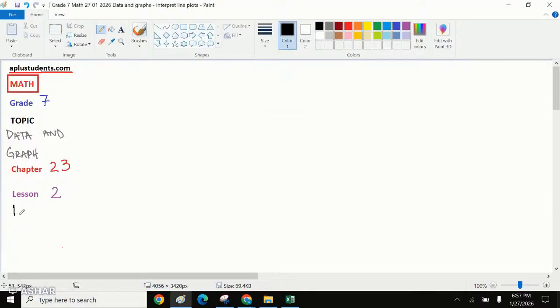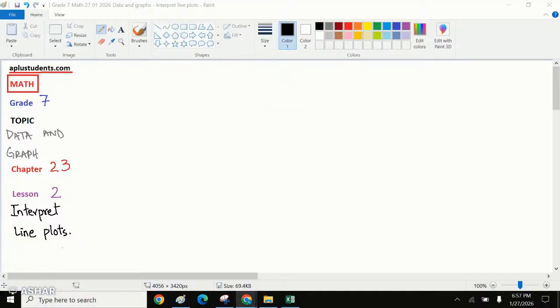The name of the lesson is Interpret. We are trying to interpret the line plots. We will look at the graph of line plots and try to find what exactly the information given in a graph is. Okay, so let's go to math grade 7.